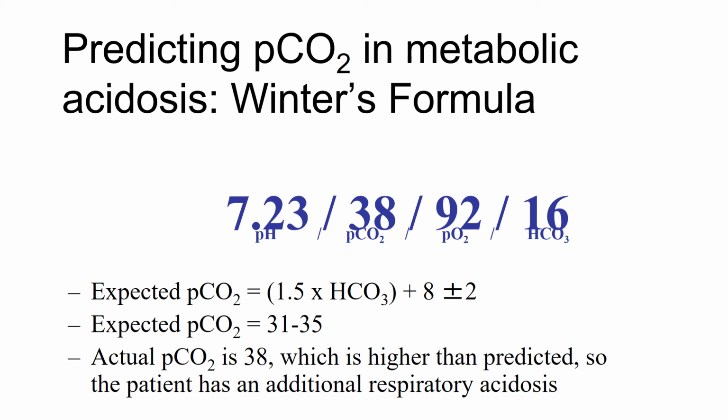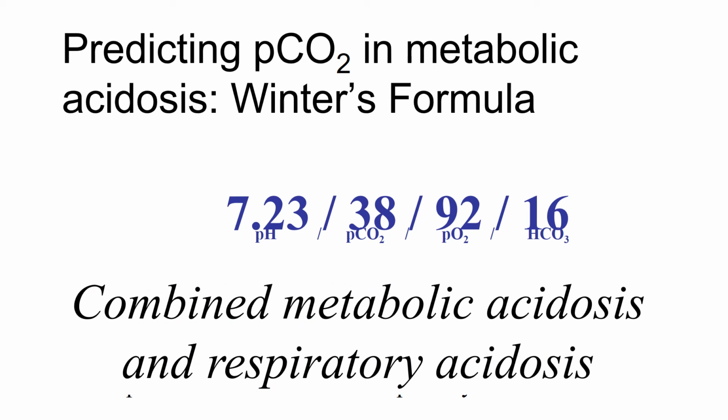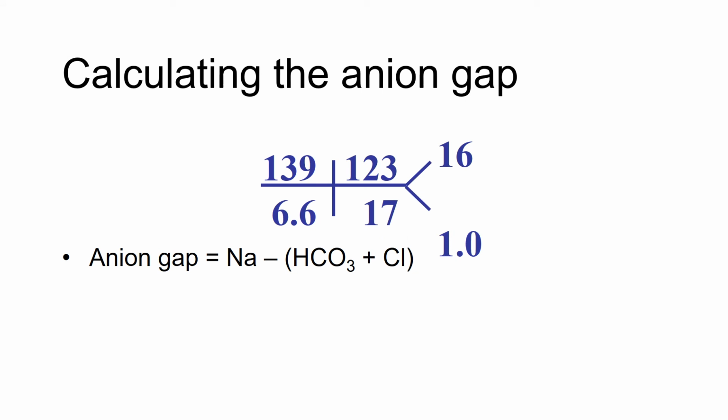So 1.5 times the bicarbonate plus 8 gives you a 31 to 35 number, but the patient's PCO2 is higher. So this would suggest that there is a combined metabolic acidosis with a respiratory acidosis in this patient. You need to calculate the anion gap.